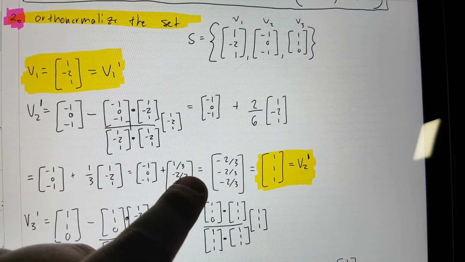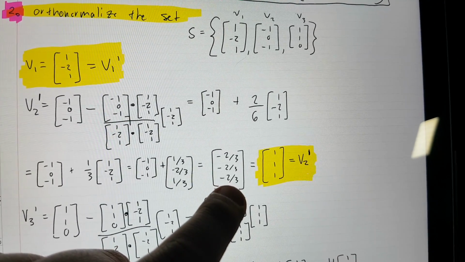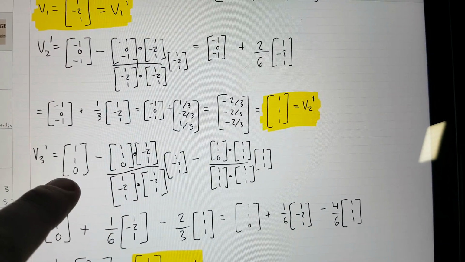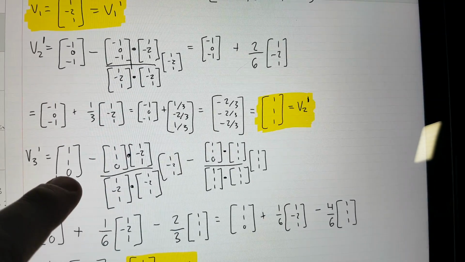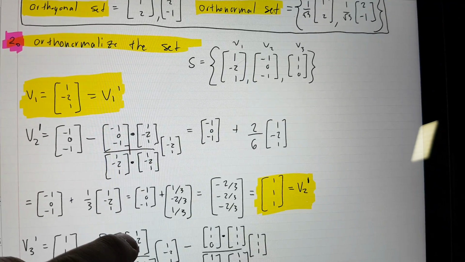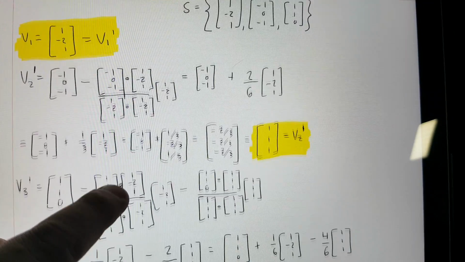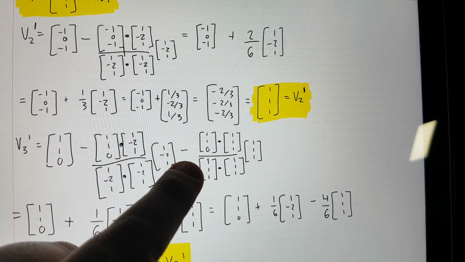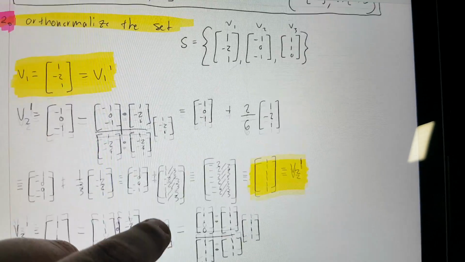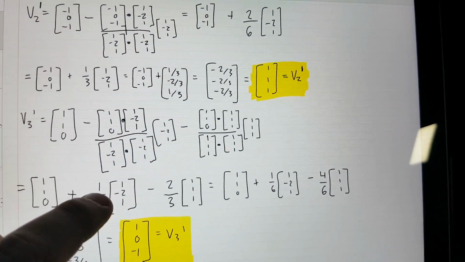Get some arithmetic going. I get this, and I multiply by 3 and divide by negative 2 to get 1, 1, 1 as v2 prime. So v3 prime, you get by taking v3, projecting that onto v1 prime, and then subtracting the projection of it onto this one. The key note is do not project it onto the original v2, because you won't get something that's normal to it.